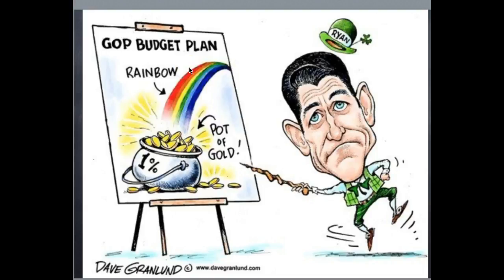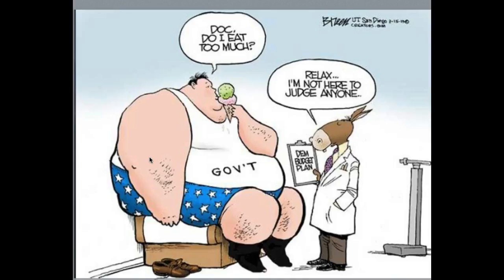Well, we know that those don't exist. And again, there's labeling here saying that would be the 1% finding that pot of gold. So you can see that the cartoonist here probably has a rather negative opinion of the GOP budget plan. He might think that it's in a fantasy world and that you're just not going to find a pot of gold at the end of a rainbow.